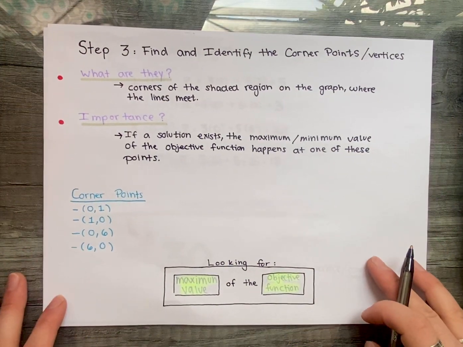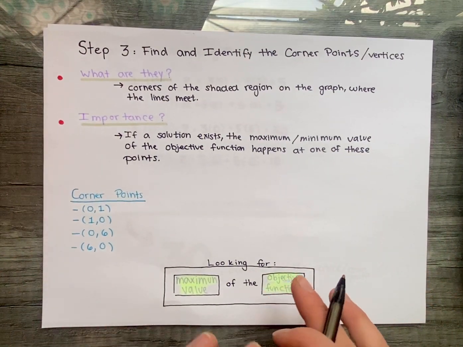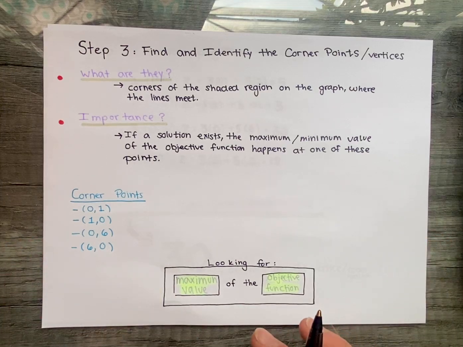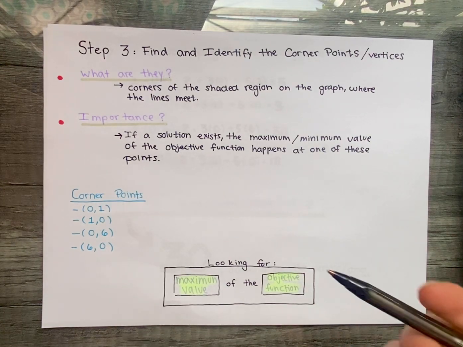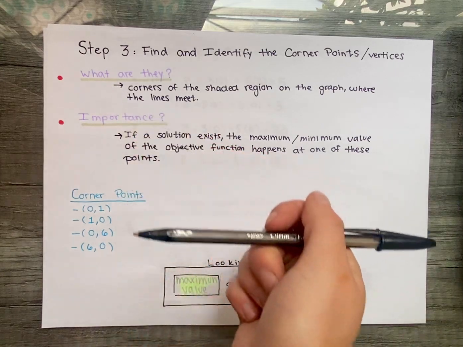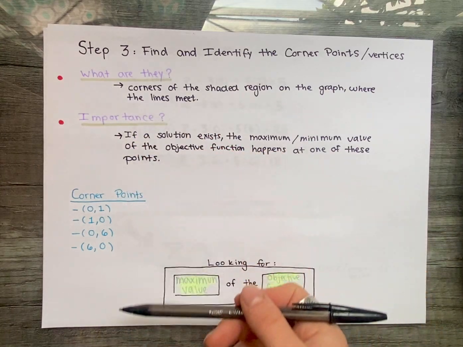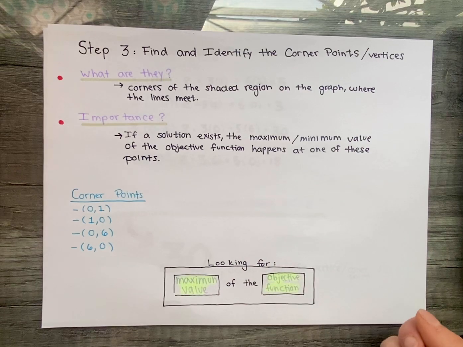The third thing that we're going to do in this problem is find and identify the corner points. Corner points are also known as vertices. I explain what they are and their importance, and then we'll go over what our corner points are.